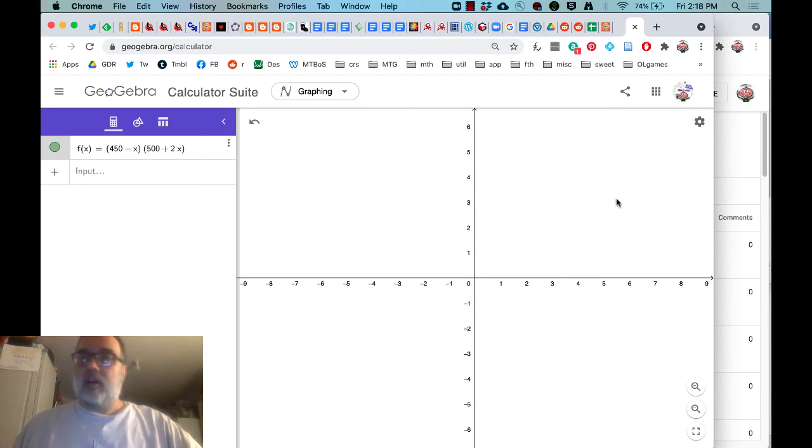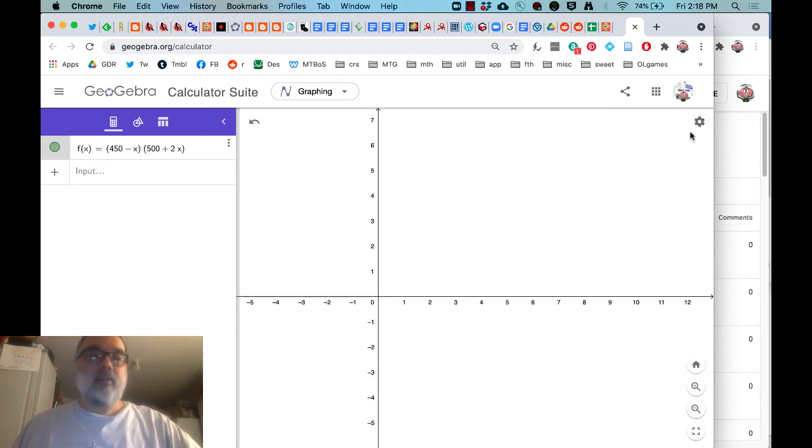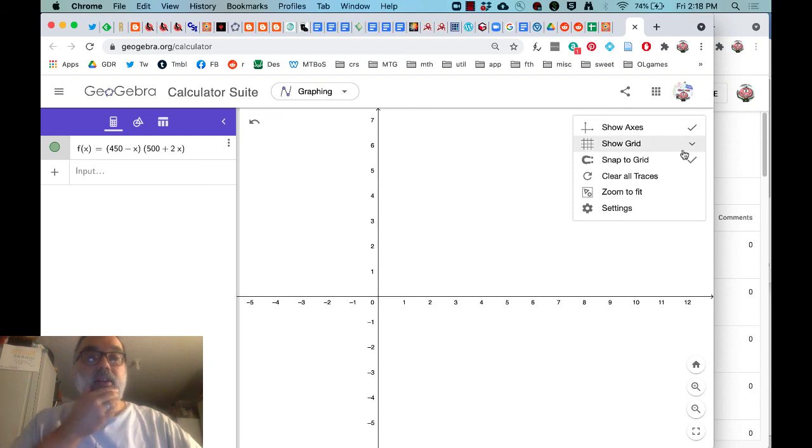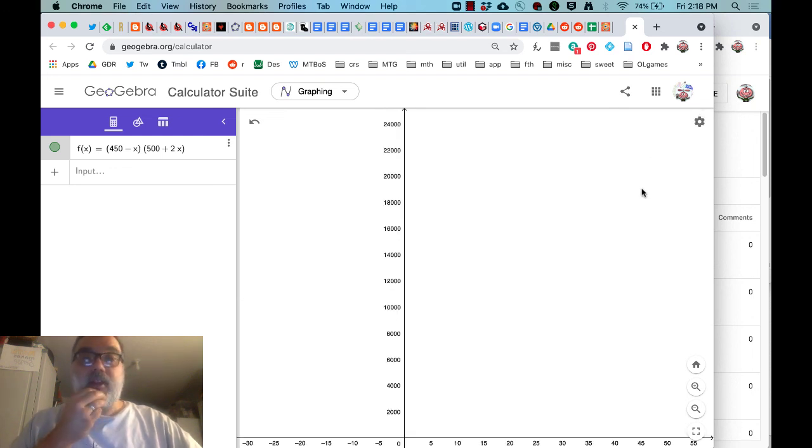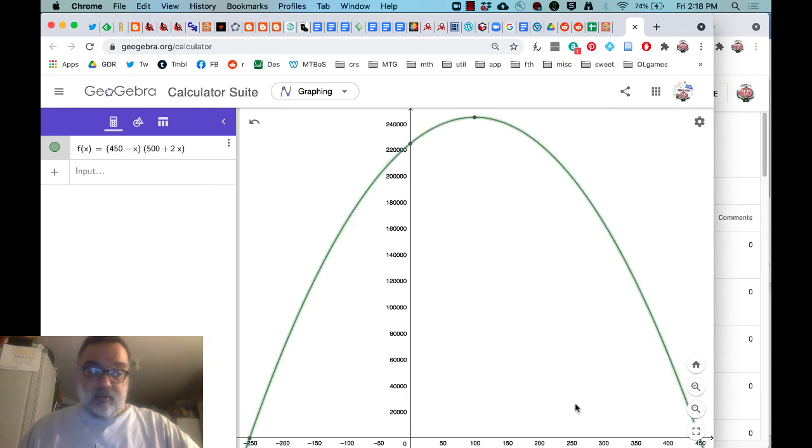The window isn't what we'd like for that. Let's try that zoom to fit option. It's showing up here. Makes sense. This is pretty good, right? So if we lower the price $450, we can see that that would make $0.